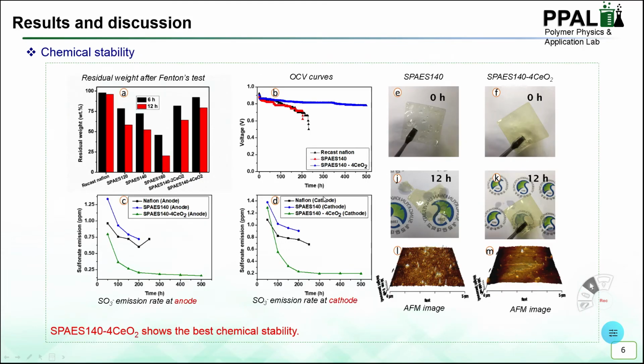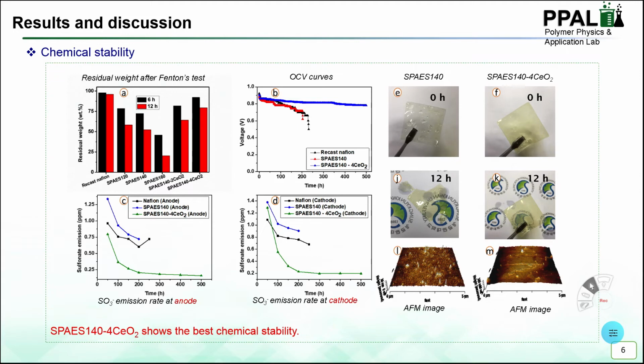The chemical stability of the membrane is a principal property because it decides the long-term stability of the membranes. We can see in figure A the Fenton test result. The residual weight of the membrane drops with the increase of the sulfonic acid group concentration. The reason is that when we increase the sulfonic acid concentration, the hydrophilicity of the membrane will increase.